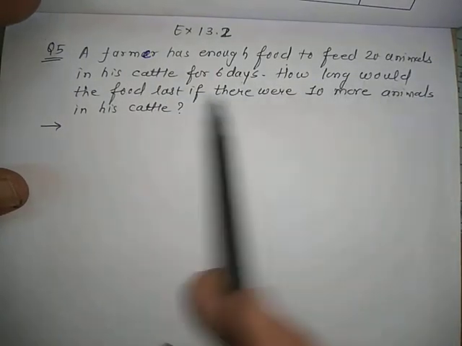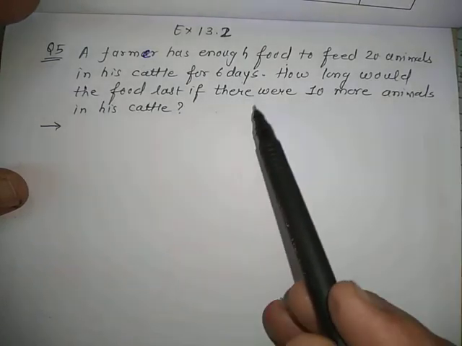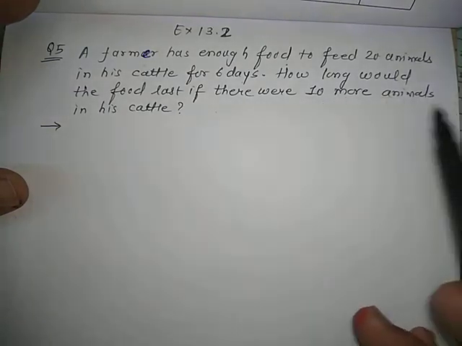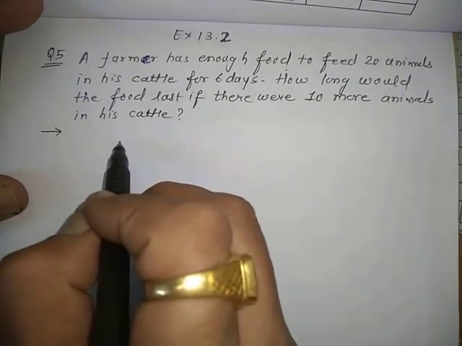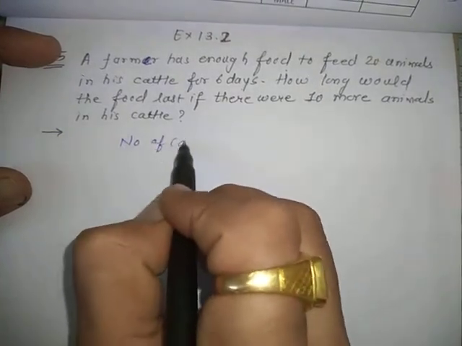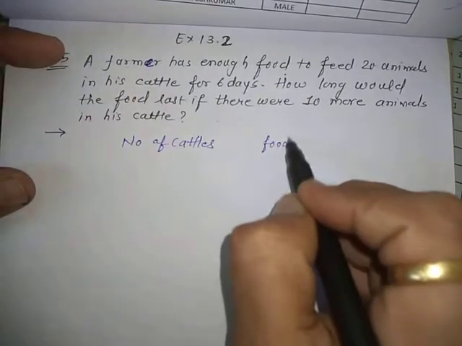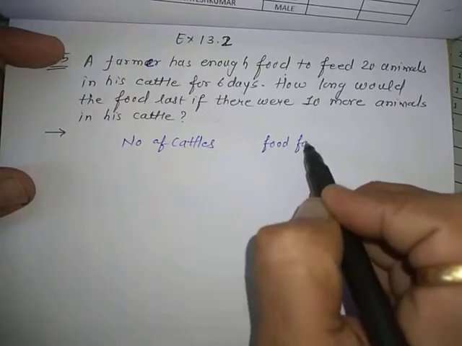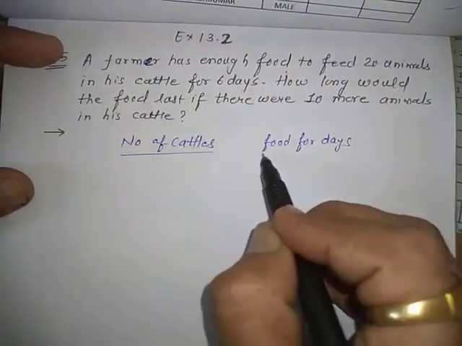How long would the food last if there were 10 more animals in his cattle? So we know that a farmer is there, and number of cattle and food for days.